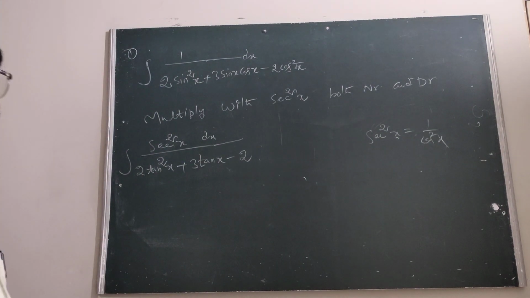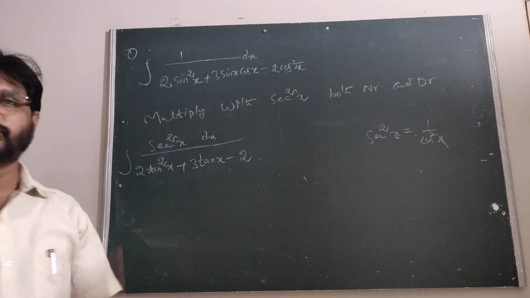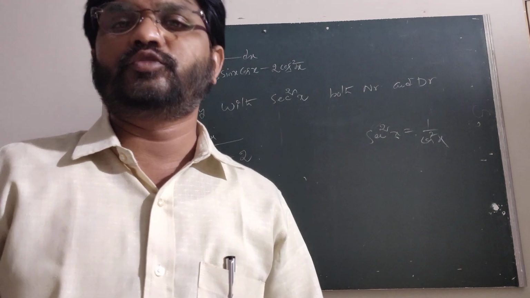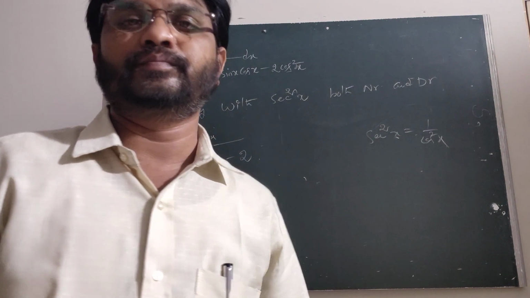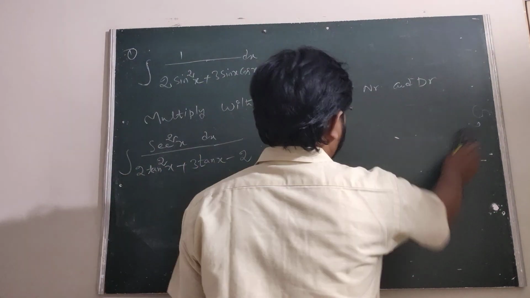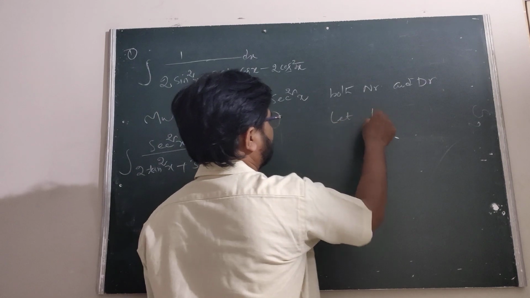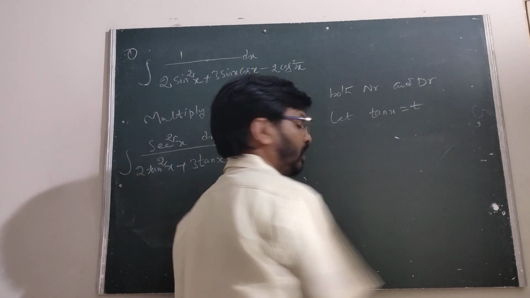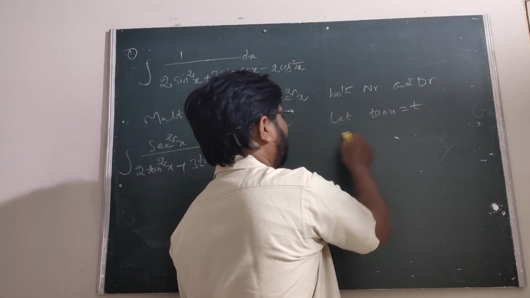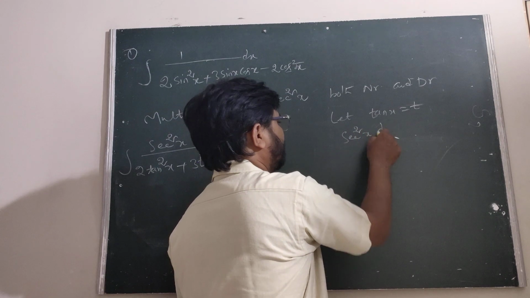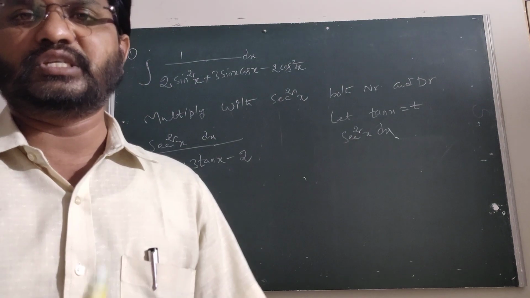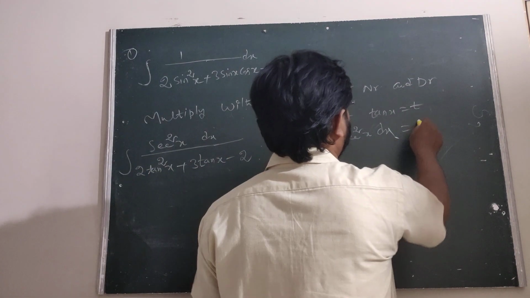Now, when we multiply both numerator and denominator with secant square x, after that we take tan x equal to t. Let tan x equal to t. Now differentiating on both sides, the derivative of tan x is secant square x into dx, and the derivative of t is dt.